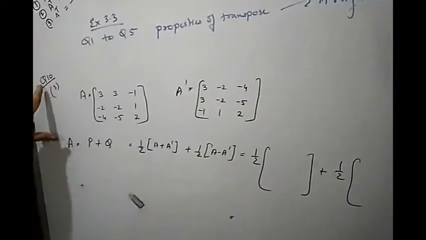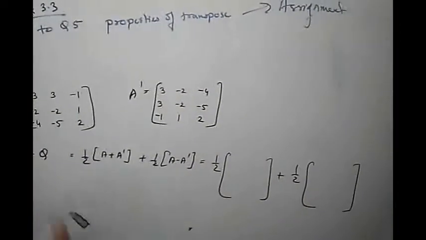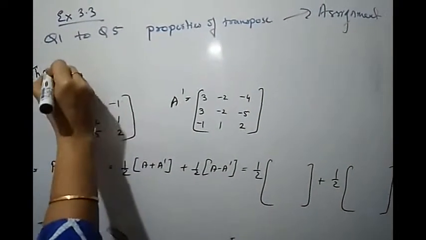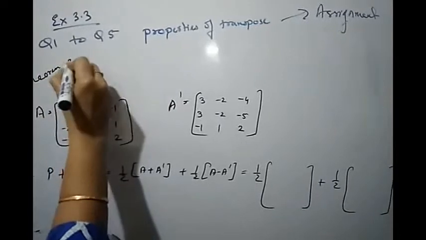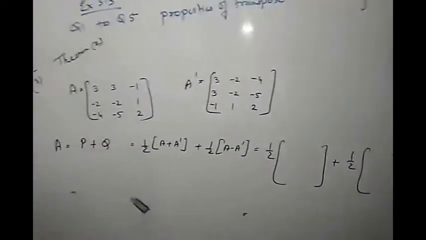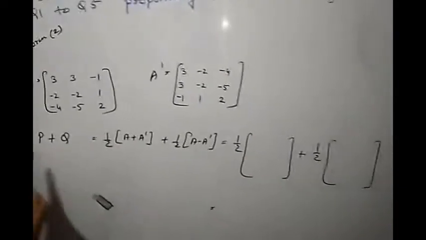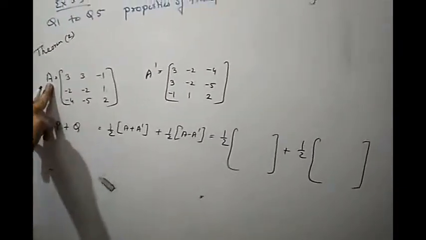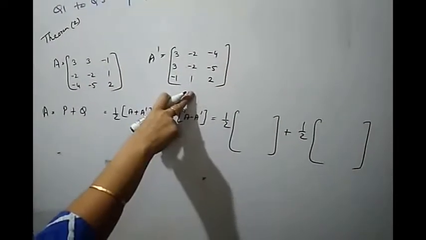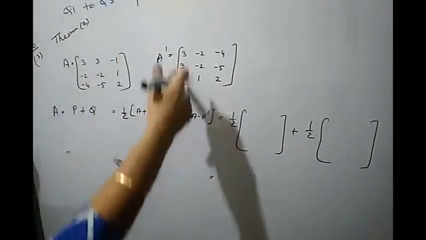Now question number 10: you have to verify theorem 2, which we have proved previously. So here we have A, a square matrix. I have taken A transpose, where the rows become columns.